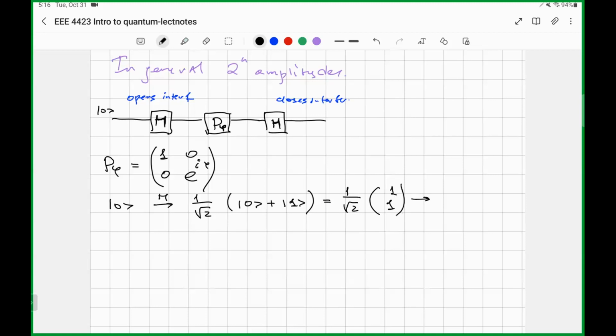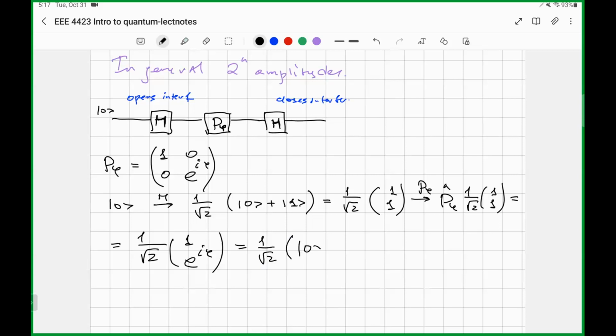Then I apply the phase gate, which is the application of this matrix to the vector. This gives me 1 over square root of 2, 1, e to the power of i phi, or 1 over square root of 2, state 0 plus e to the power of i phi state 1.